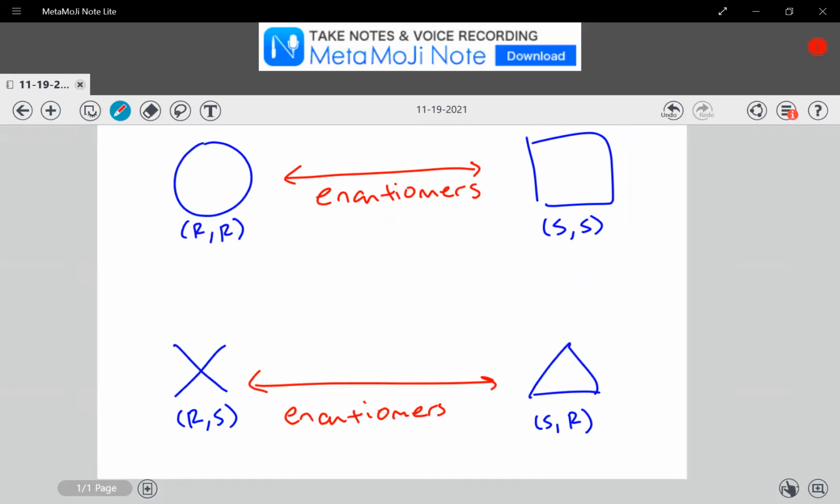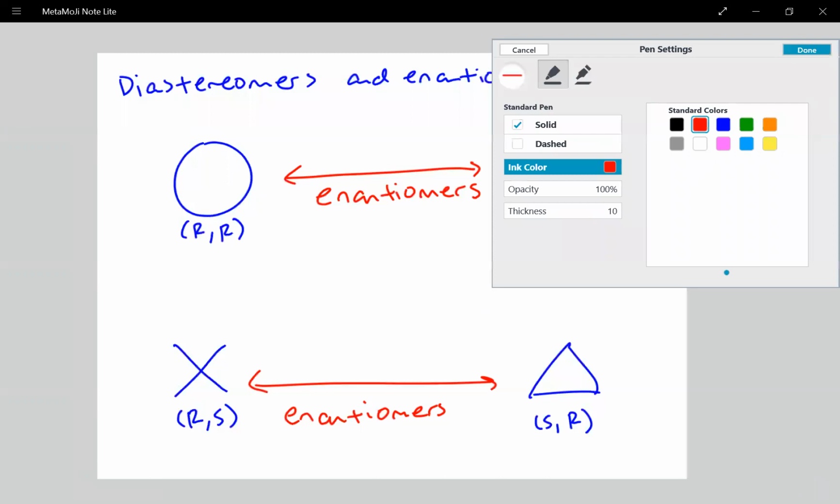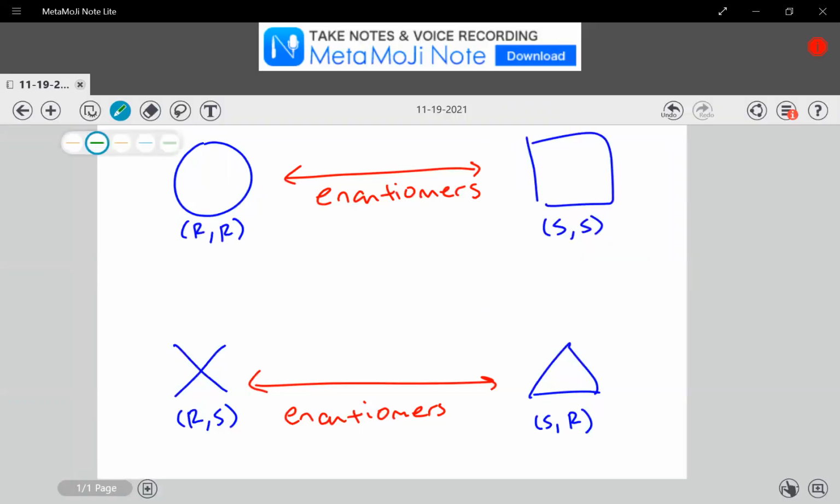If only one of them is the opposite, R is the same as R, but R is the opposite of S, and guess what? They're diastereomers. Let's label that with D. SS, same thing, but S is the opposite of R, diastereomers. And you can also do it cross this way too.